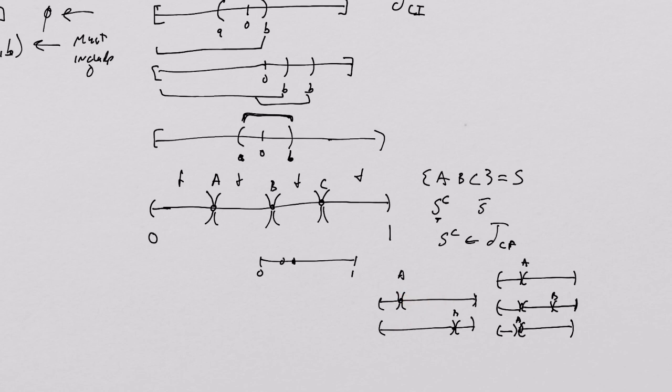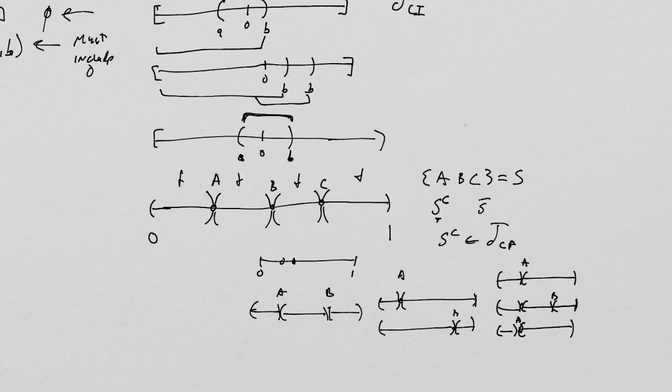This is part of the intersection, but B is not in A. So basically, the intersection is going to be the cofinite interval, or the cofinite union of all of the omitted points in both of the sets. So the intersection of these two sets is just going to be like this, A and B. So you basically take all of the omitted points and you put them in one collection.